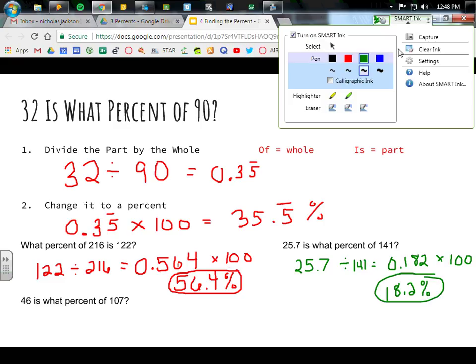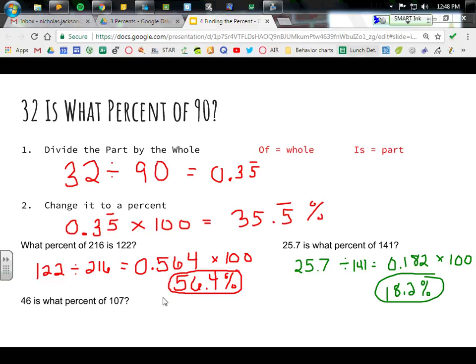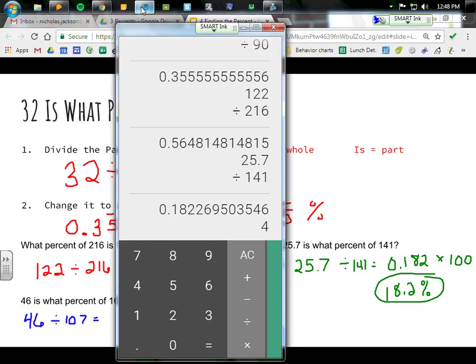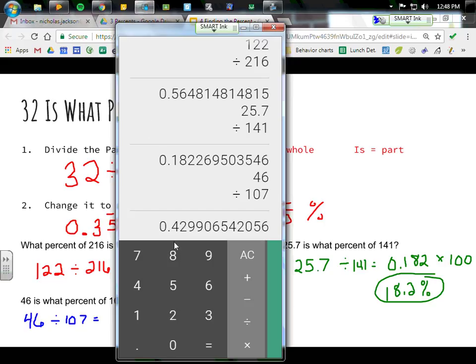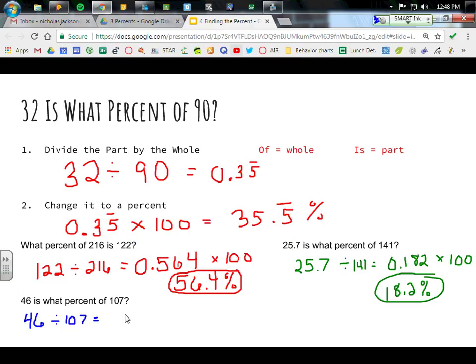All right, let's do the last one in blue. 46 is what percent of 107? So we're going to do 46 divided by 107. That equals, let's go with about 43 hundredths.